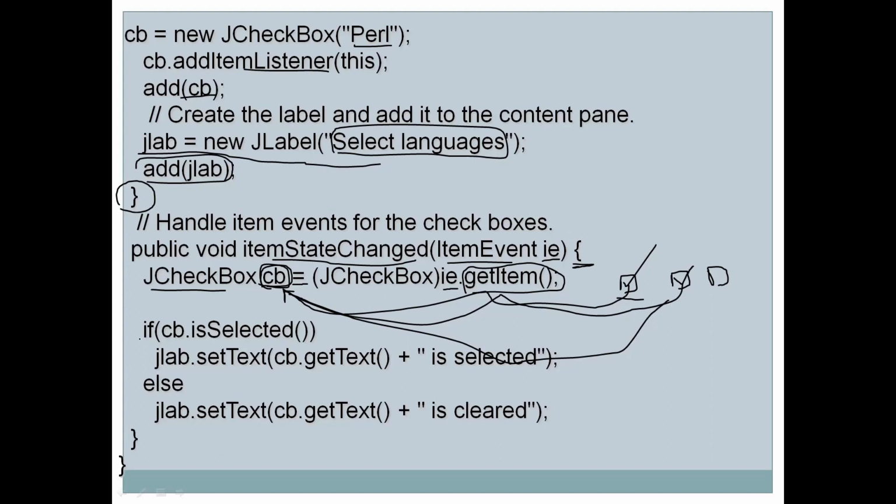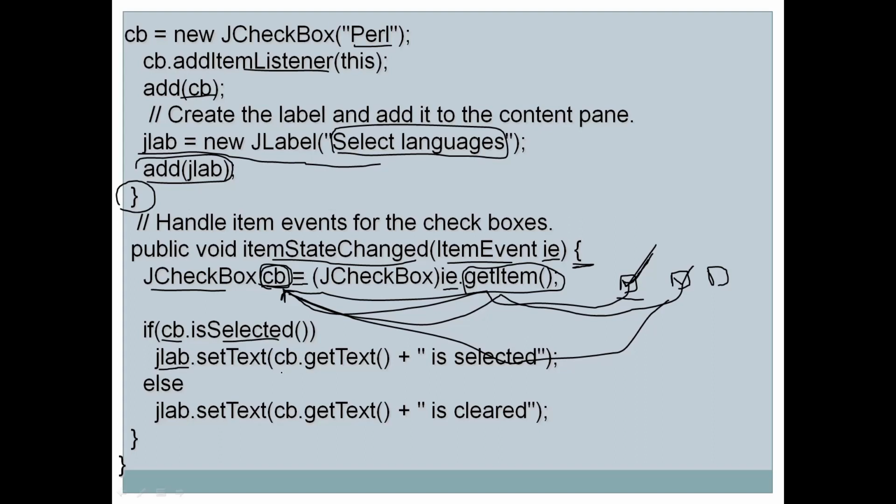Now, what we are doing here, we are checking if cb.isSelected. Now, consider I have clicked on the first checkbox like this, and the reference of the first checkbox is stored in cb, and when I say cb.isSelected, it will check if the checkbox is selected. Now, the checkbox is selected, you can see. If it is selected, isSelected will return true, and if it is true, we are displaying something on the label.